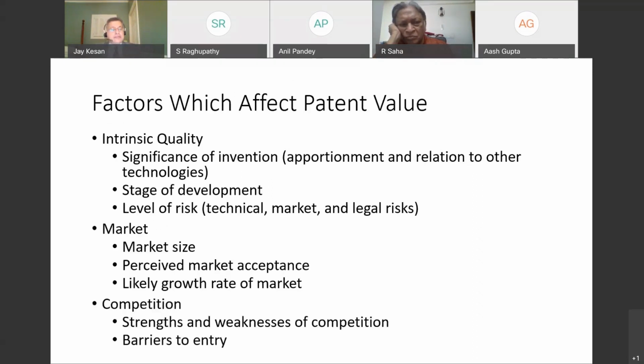So one now asks, what are the factors that affect patent value? The most important is, of course, the intrinsic quality of the patent, meaning how significant is the invention in this patent. And very often people use proxies.